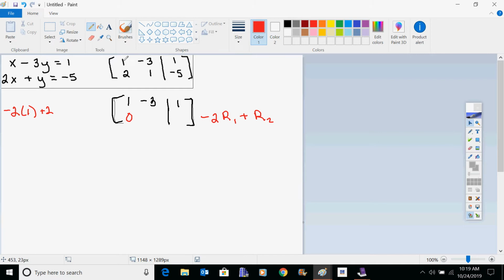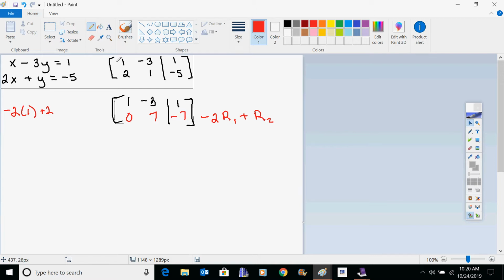Let's do this for the next one. We're doing this times the whole row. So -2 times -3 gives us +6. -2 times -3 gives +6, plus 1 gives 7. -2 times 1 gives -2. -2 plus -5 is, somebody said -7.